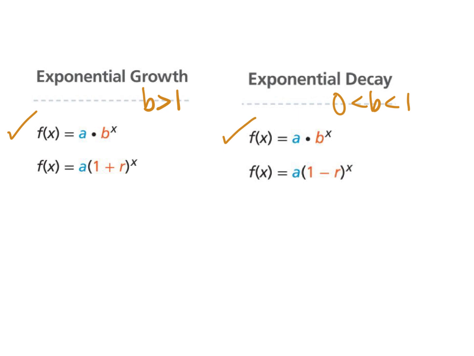Today, you may have to do a little bit of math to come up with that B value. If you know what your rate is, you would have to either subtract it from or add it to 1. That gives you the number in your parentheses. At any point, you can pause this video.